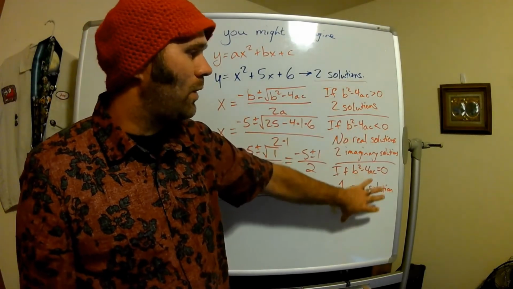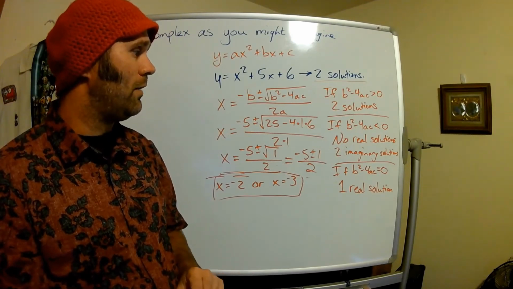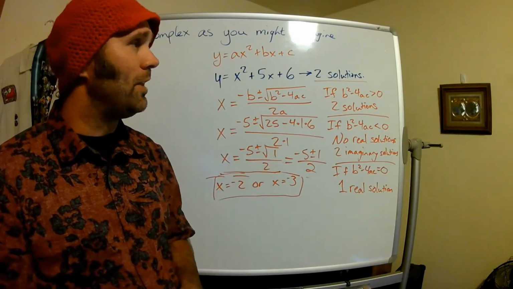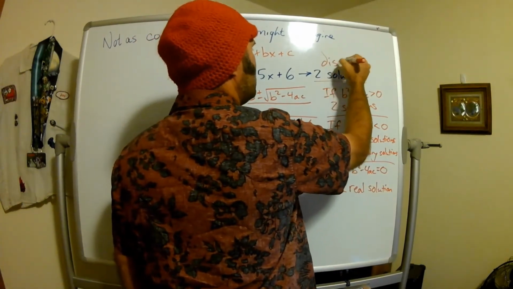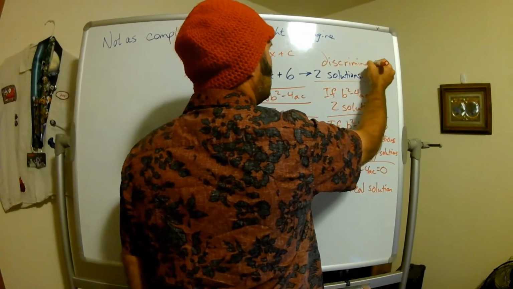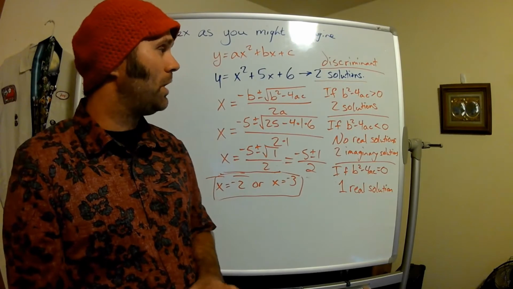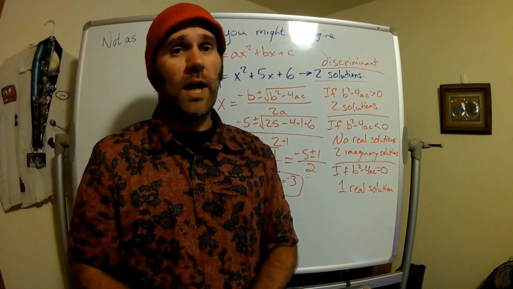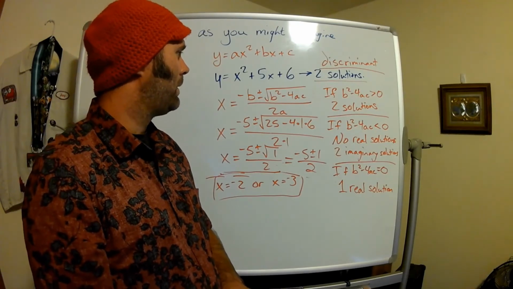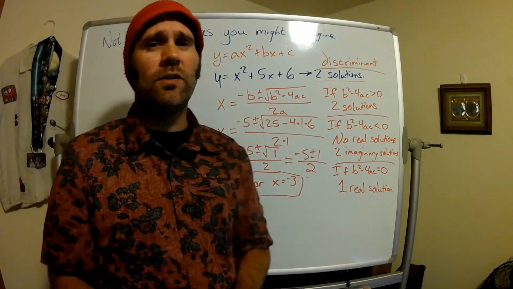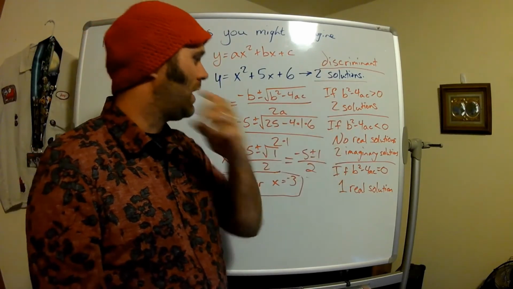So this is a way to figure out how many solutions you have. b squared minus 4ac is called the discriminant. The discriminant is b squared minus 4ac, and that is how you can tell how many solutions you have.